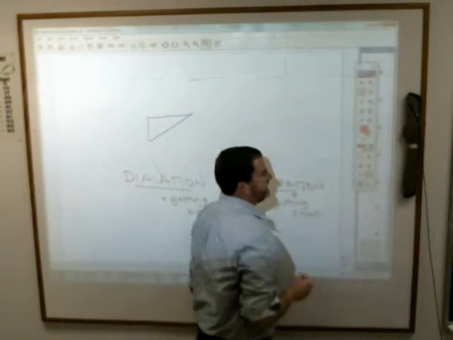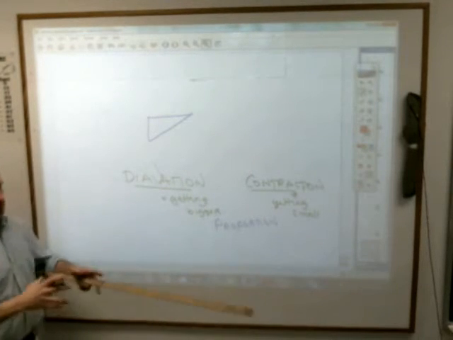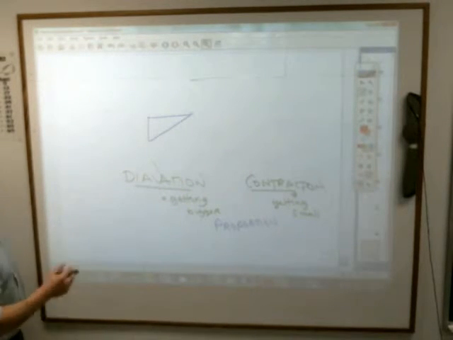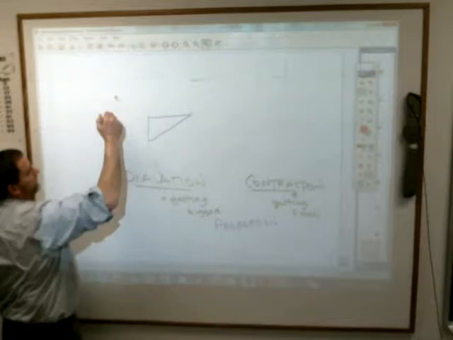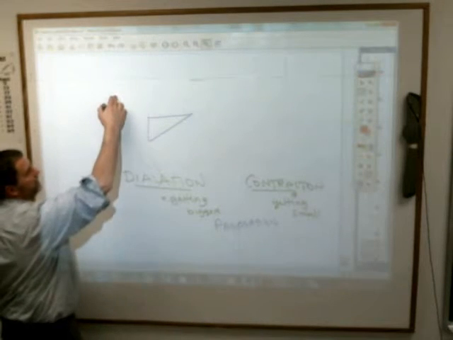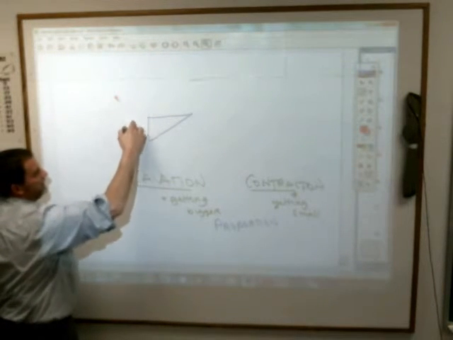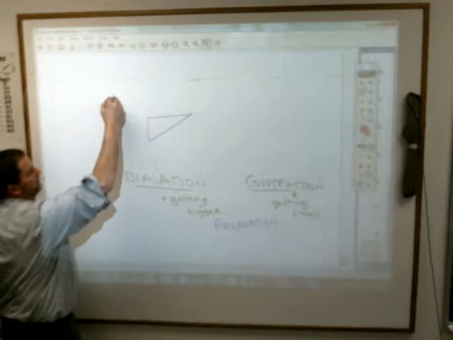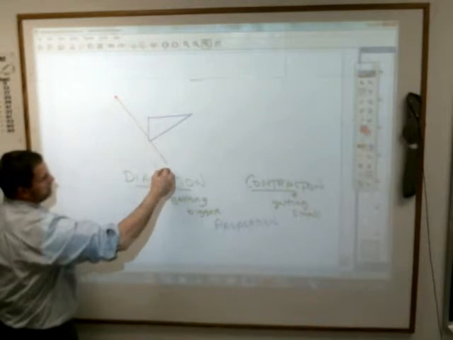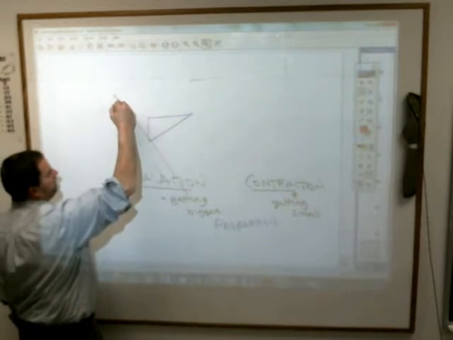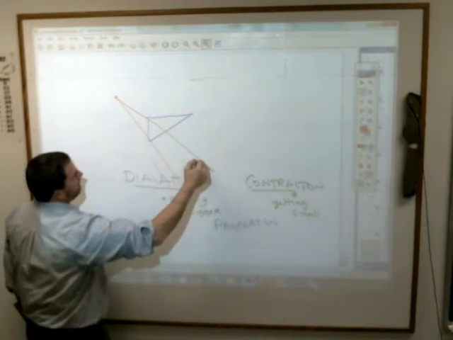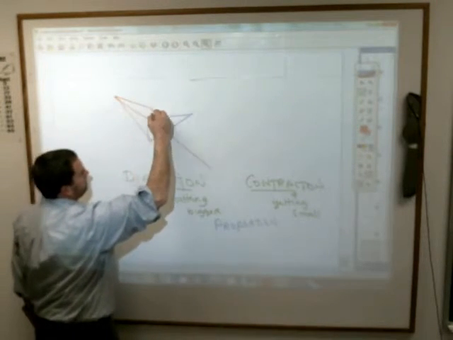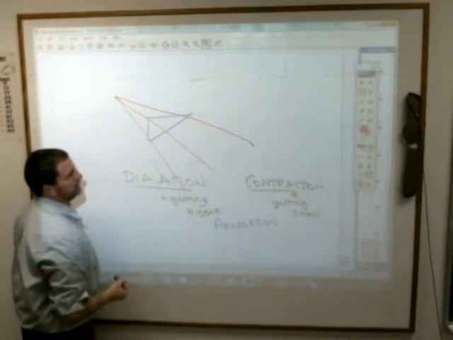If you want to show a dilation, to get something to expand, put a point out here and draw from that point a line extending through each vertex. Go to this one here, and this one here. I missed it a little bit here.